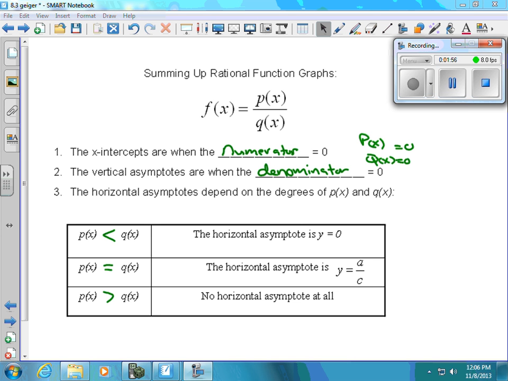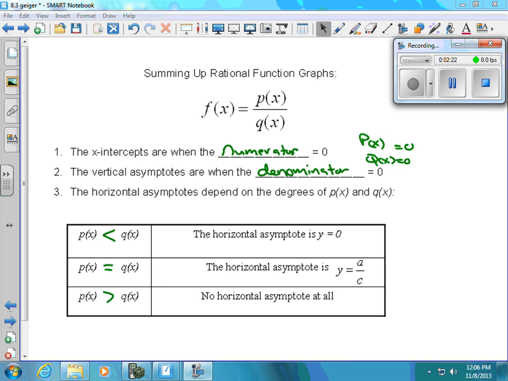If q of x is a constant polynomial, then it's not really a rational function. The x-intercepts are when the numerator, p of x, equals 0. And the vertical asymptotes are when the denominator, or q of x, equals 0. Those two things hold true no matter what.